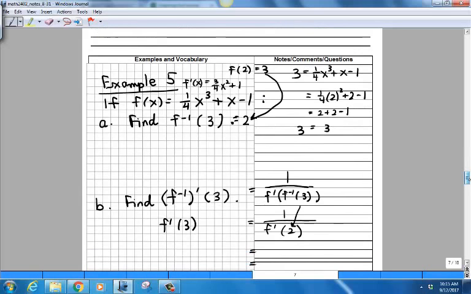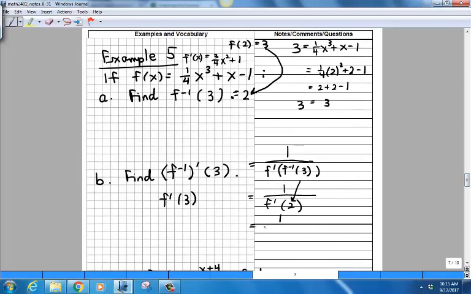What does that give you when you plug 2 in there? Is it 4? I think it is. So there we have it. The derivative of the inverse evaluated at 3 is 1/4.